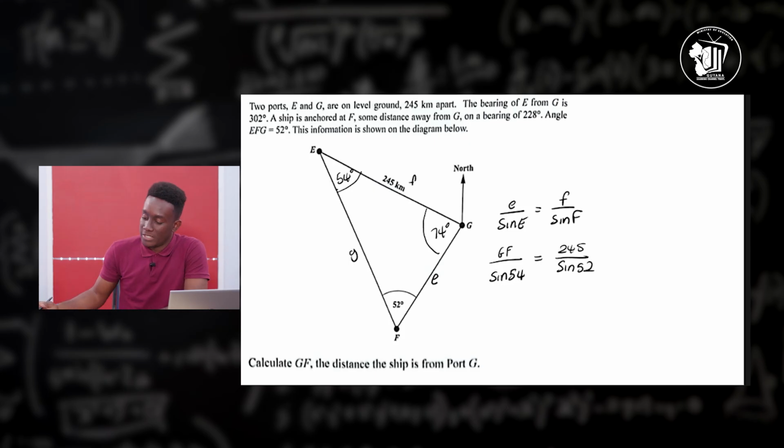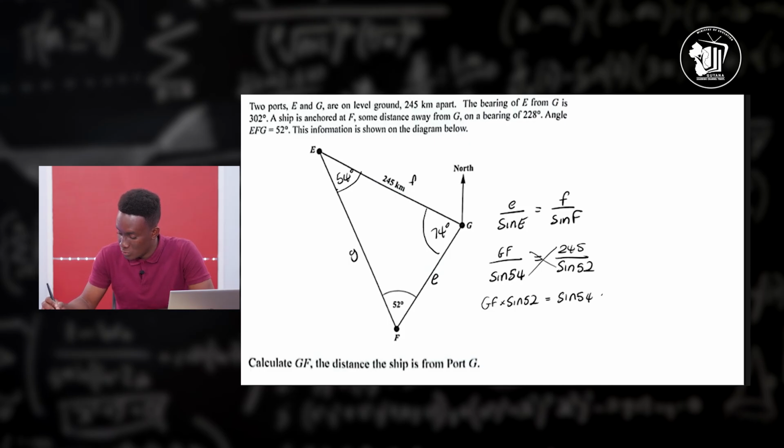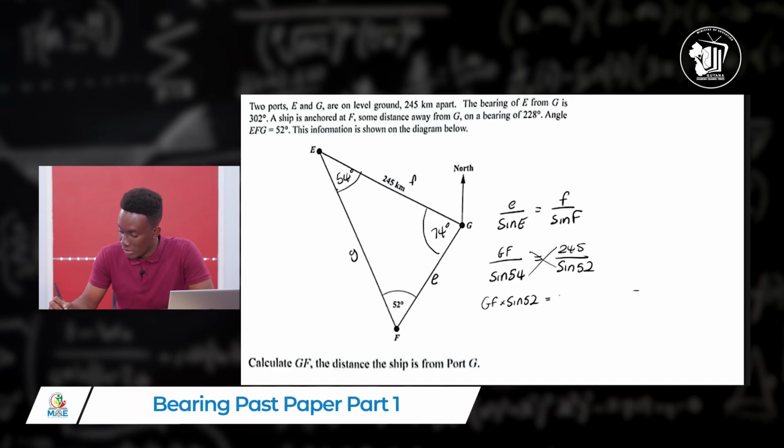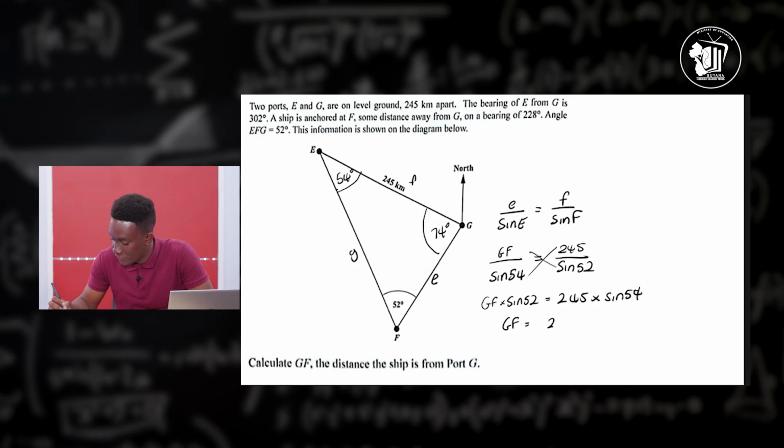So we can do some cross multiplication and then solve. GF multiplied by sine 52 will be equal to sine 54 multiplied by 245. So GF would be equal to 245 multiplied by sine 54, all divided by sine 52.